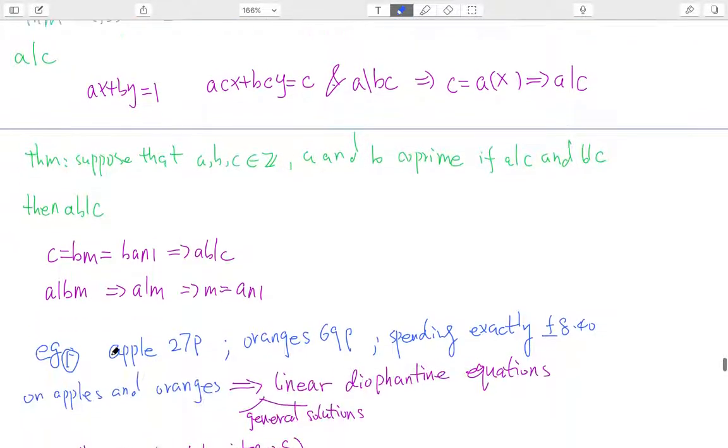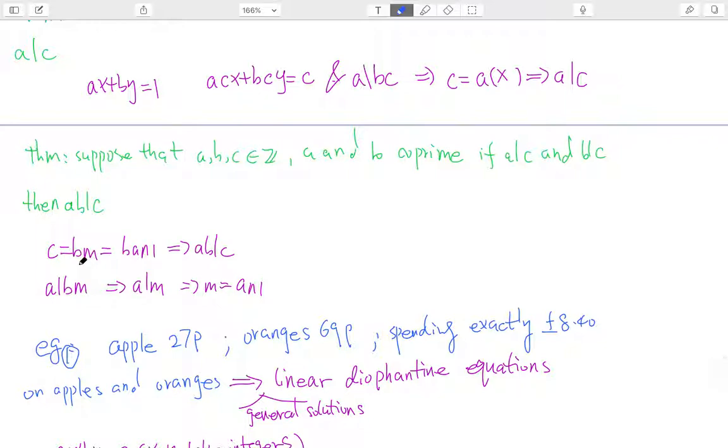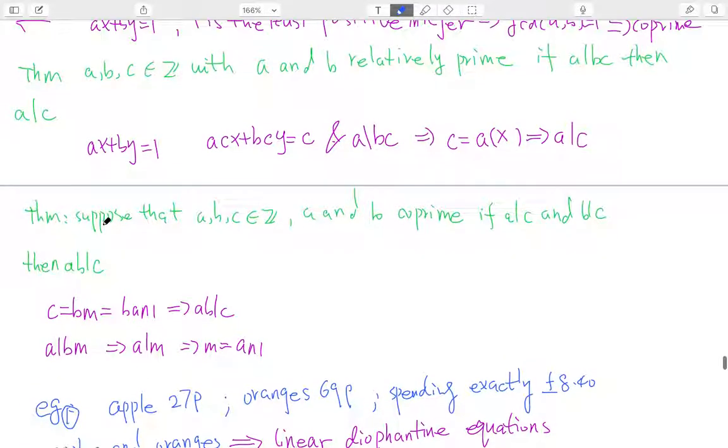So here's the proof. C is equal to B times M, and A divides C. We just substitute C with a new expression. And then since A and B are coprime, which is given by the condition, we apply the last theorem.